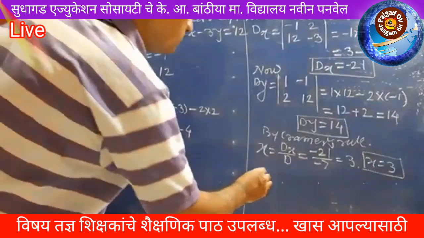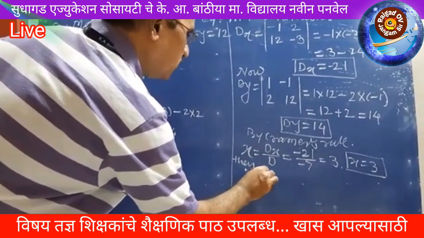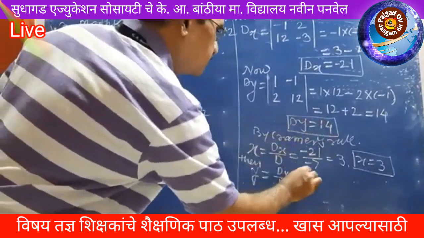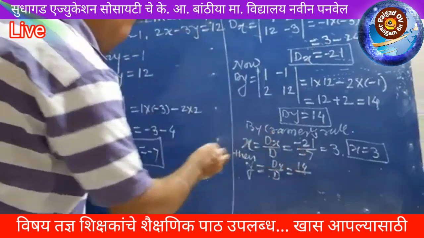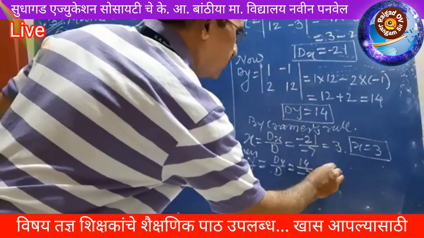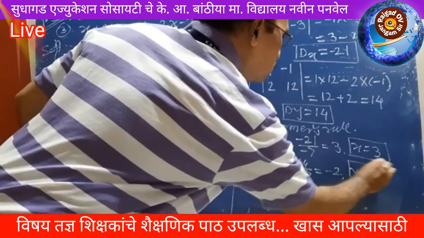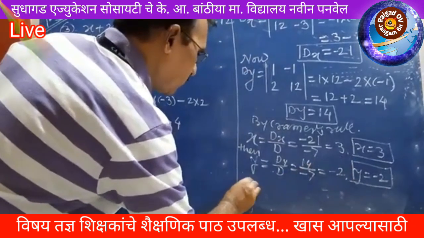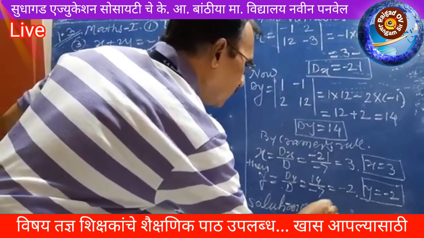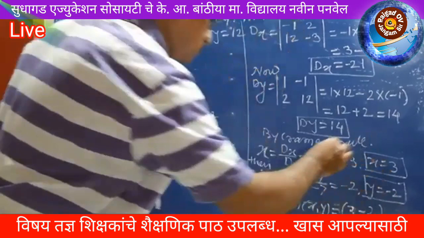Then y is equal to dy by D. dy is 14 and D is minus 7. 7 twos are 14, the minus sign stays, means y is equal to minus 2. Means the required solution x, y is equal to 3, minus 2.